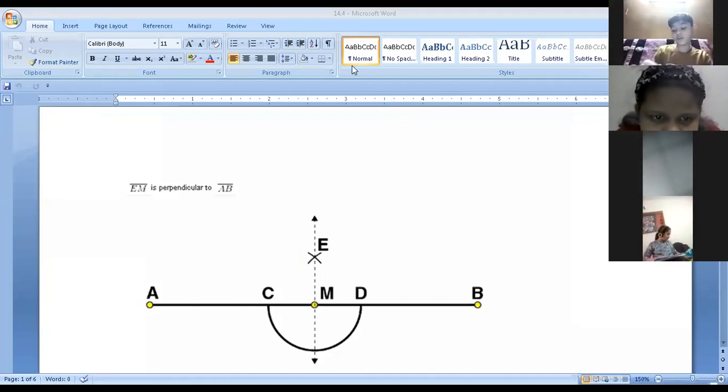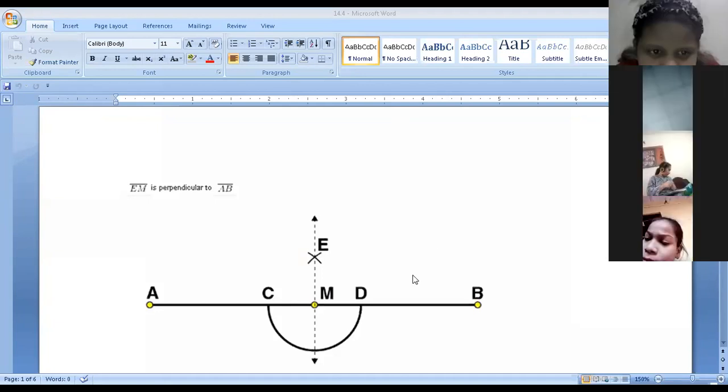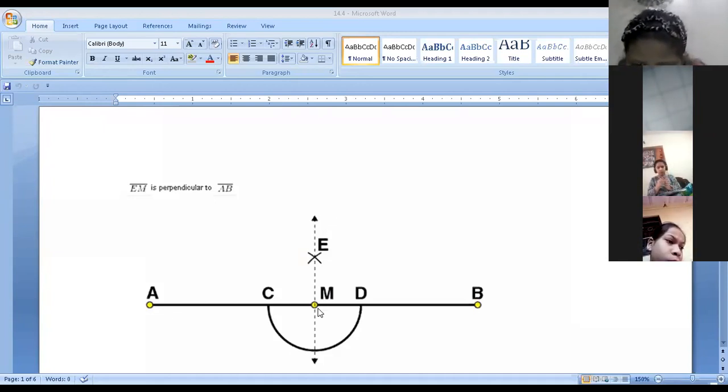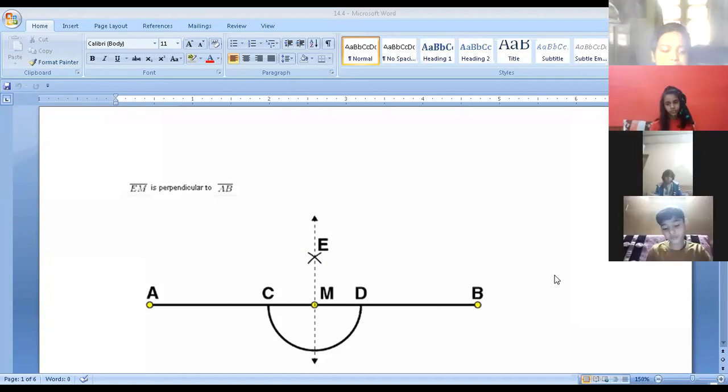Now take your protractor in your hand and check whether it is a 90-degree angle or not. If it is a 90-degree angle, then your perpendicular is correct. If not, you have to draw it again.